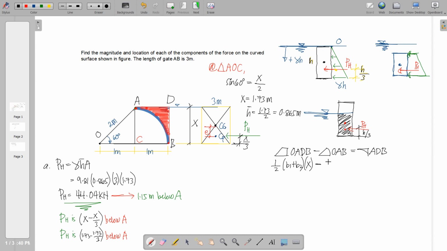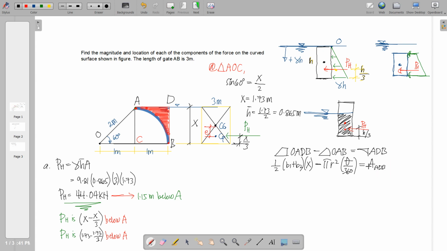So the formula for circle is pi r squared, right? And then we multiply this by the ratio of your angle theta all over 360 degrees.